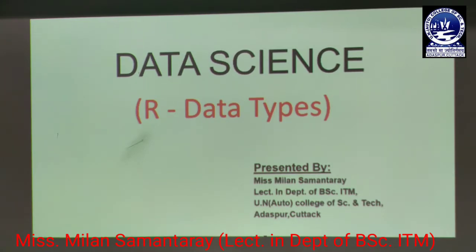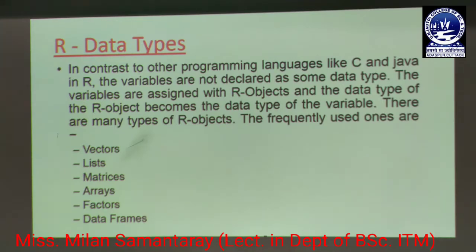So let us start our lecture. First, what do you mean by data type? In every programming language, when we talk about the data type, that means which type of data we can provide in that programming language to perform any type of operations.